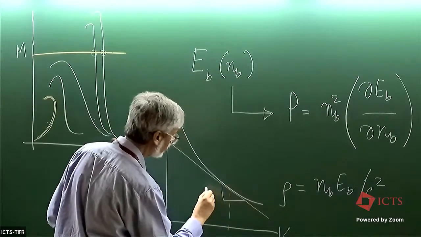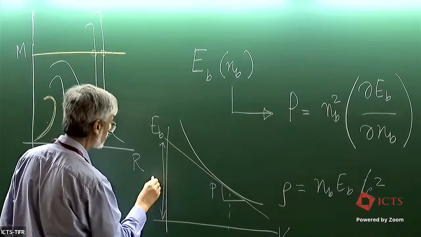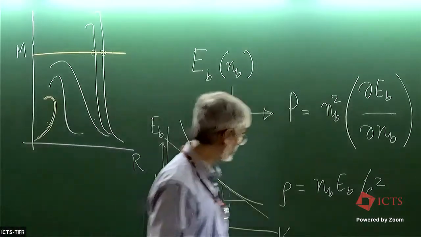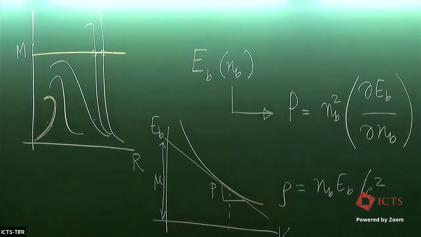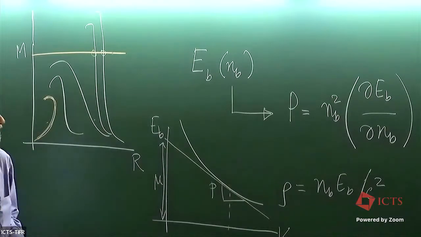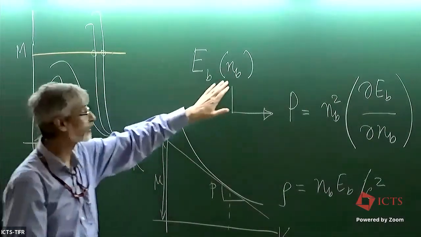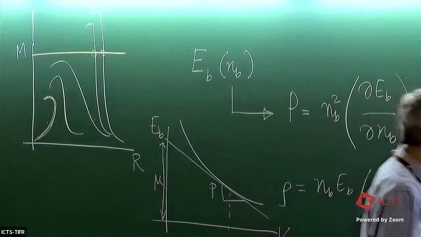The slope here is pressure, and the intercept is chemical potential. So all of these theories, measurements and extrapolations are trying to get this fundamental quantity of energy per baryon as a function of number density of baryons.